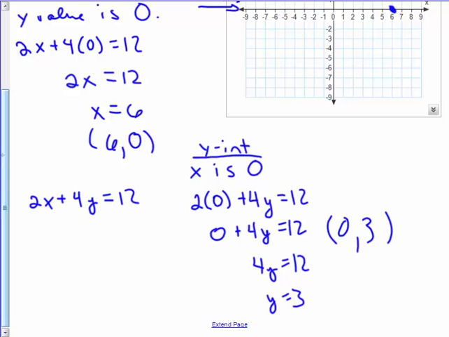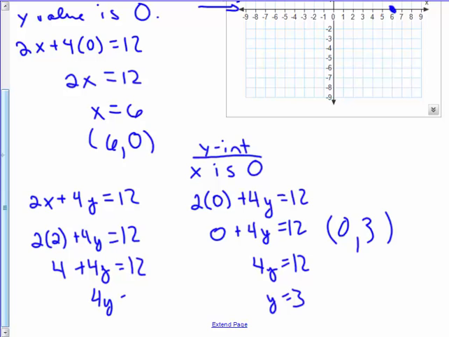Now, we've already picked values there for the x-intercept and y-intercept. So I'm going to plug in 2 for x and then figure out what y is. So I get 4 plus 4y equals 12. I'm going to subtract the 4 over. I get 4y is 8. And when I divide by 4, y equals 2.